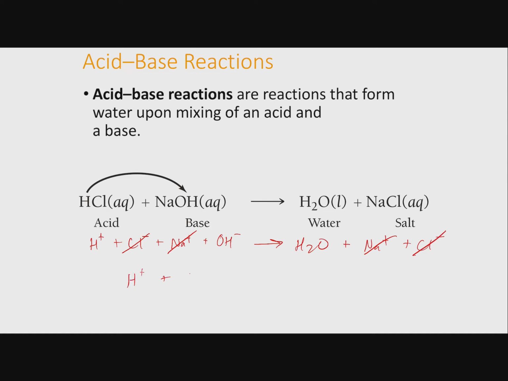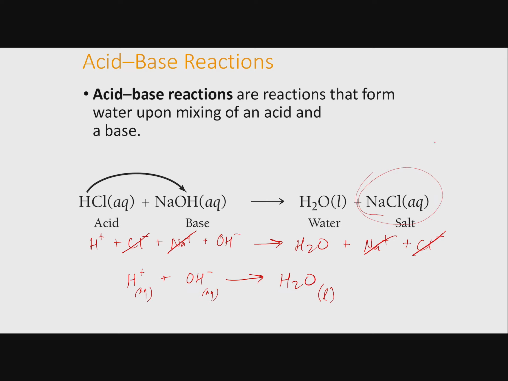H+ plus OH- is H2O. This is the net ionic equation for almost every single acid-base reaction. They all have hydrogens, they all have hydroxides, and they all make water, and a salt, which is just a dissolved ionic compound.